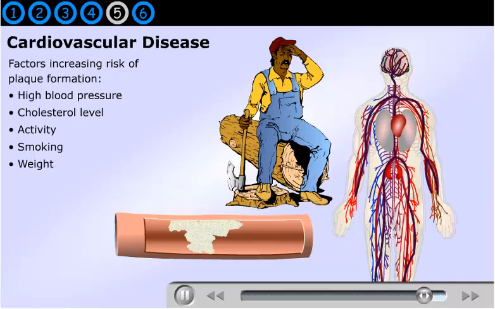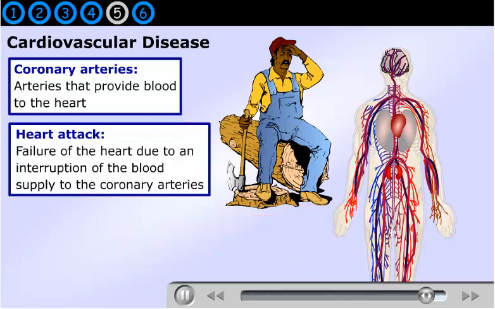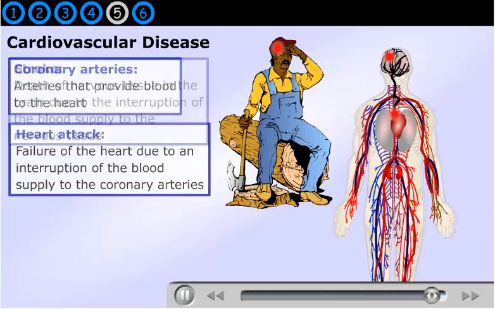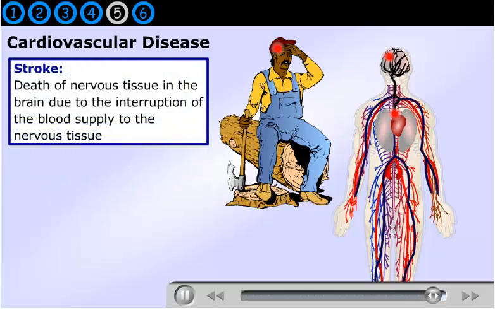If you stop smoking, you'll also avoid lung diseases like cancer and emphysema. If the clogged circulation affects the coronary arteries, which provide oxygen to the heart muscle, a heart attack may result. If the clogged arteries affect the blood supply to the brain, death of nervous tissue may occur, causing a stroke.